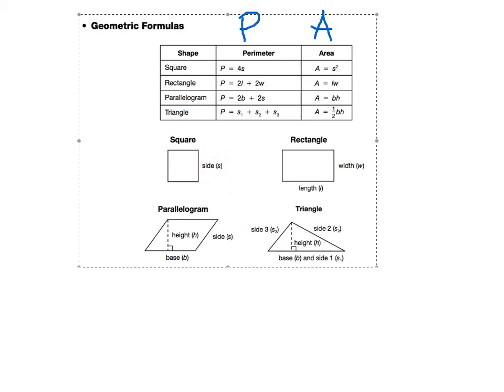S stands for side, B for base, H for height, and we see our L and W here that we've already used for length and width. Since squares and rectangles are also parallelograms, the formulas for the perimeter and area of parallelograms may also be used for squares and rectangles.